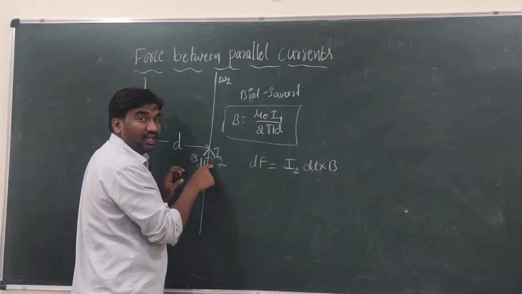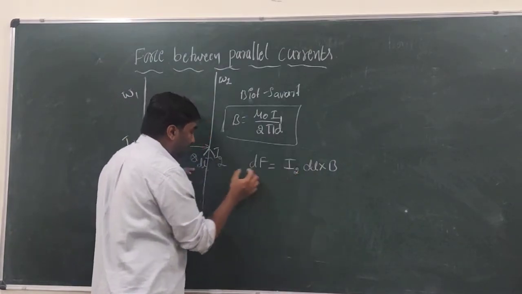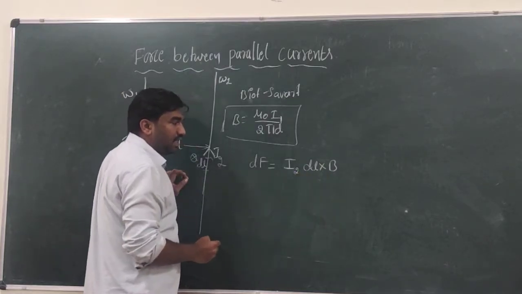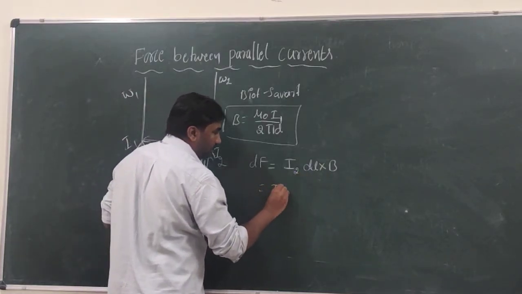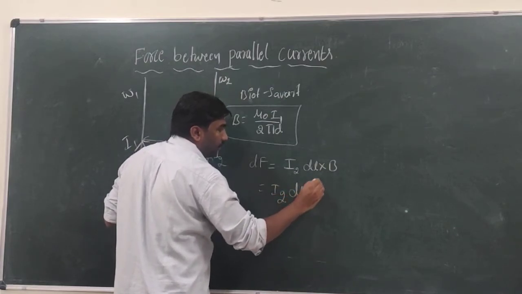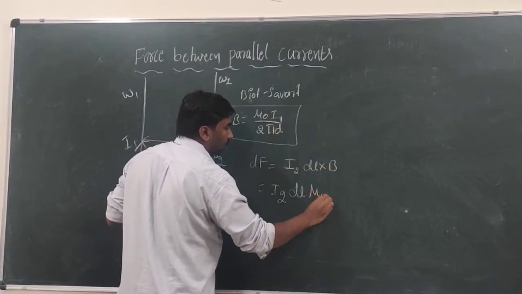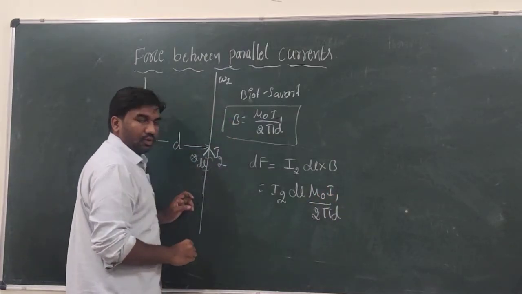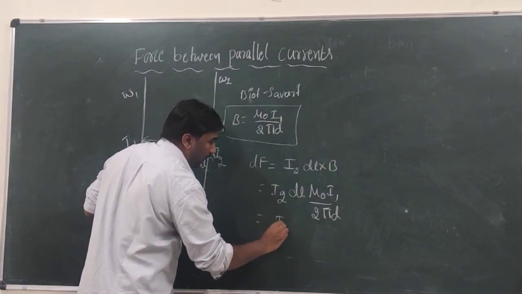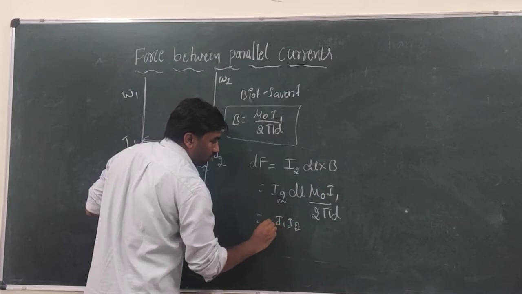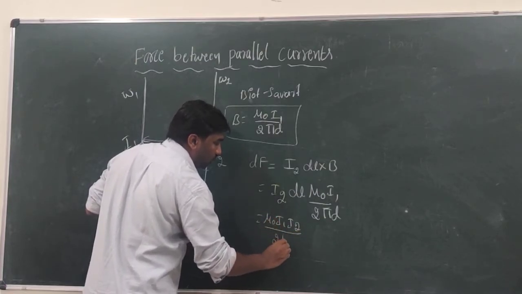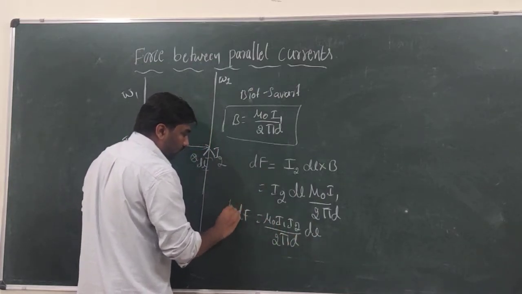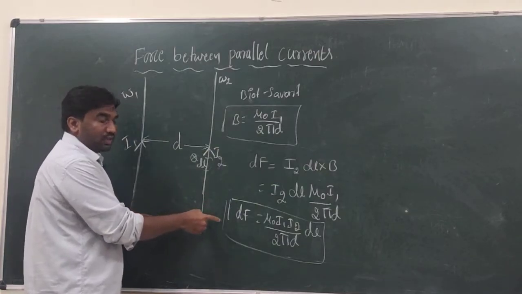Here dl cross B is perpendicular, so I write this as I2 dl, and B is mu naught I1 divided by 2 pi d, which is equal to mu naught I1 I2 divided by 2 pi d into dl. So this is the force in this region only.